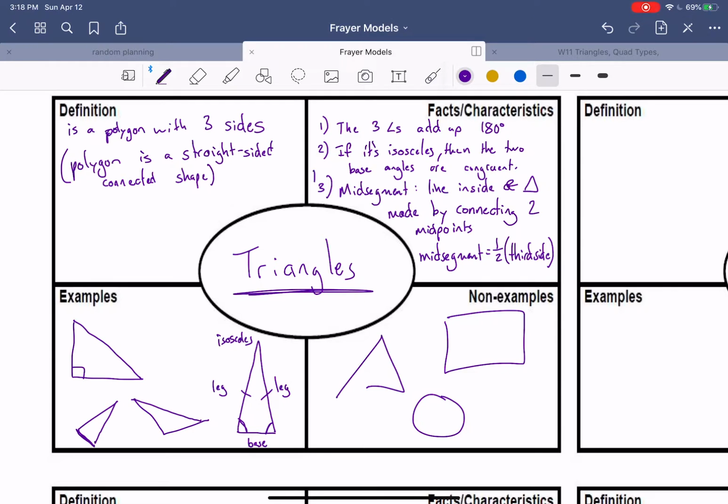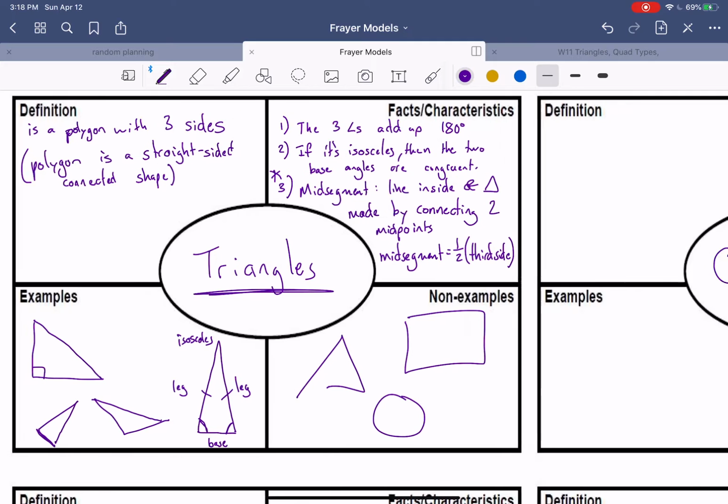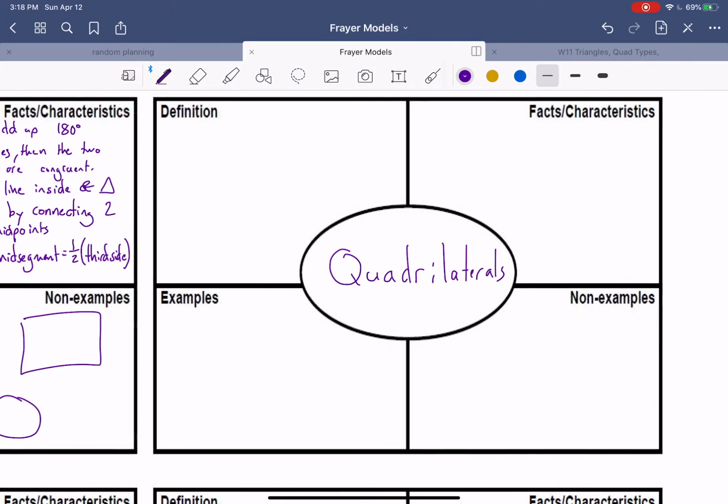Most importantly is that third fact or characteristic. We're going to quickly run through all the other quadrilaterals that we have as a nice little reminder. So we have triangles and then we have quadrilaterals, which the definition is a four-sided polygon.